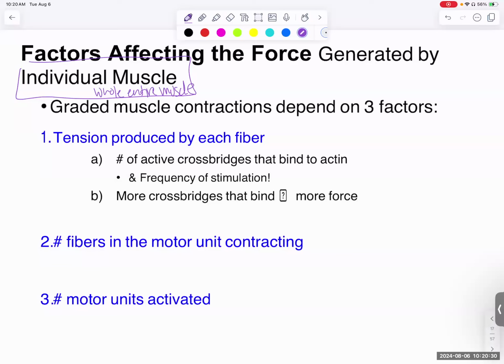One is how much tension or force can be produced in a single muscle fiber. So, how much force can be produced in one single muscle fiber? What determines that?